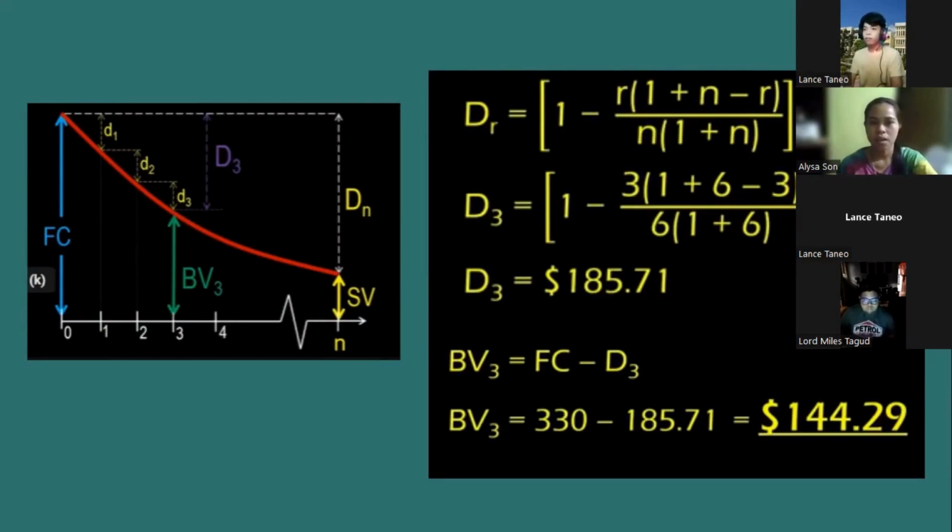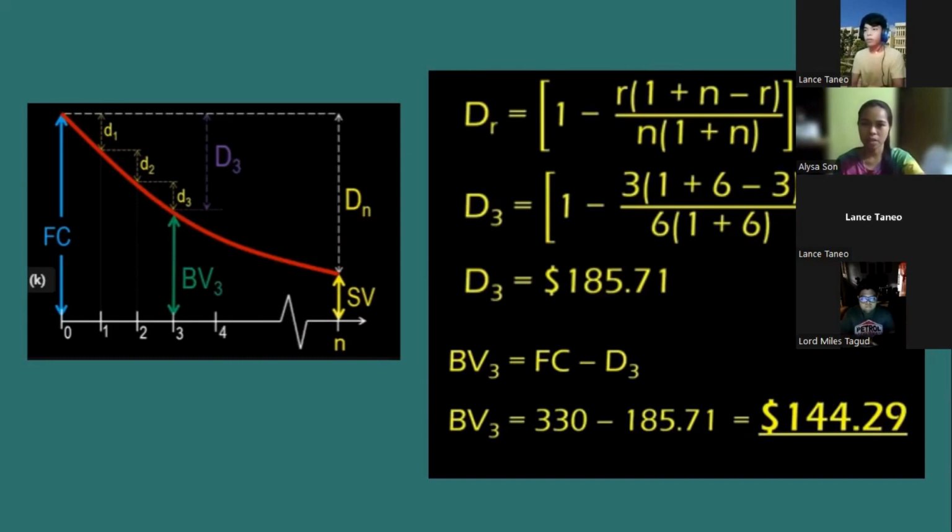So, the formula is 1 minus R times 1 plus N minus R over N times 1 plus N times total depreciation cost. So, naa naman tayo mga given. I-put na lang sa formula. So, 1 minus 3 times 1 plus 6 minus 3 over 6 times 1 plus 6 times 260.